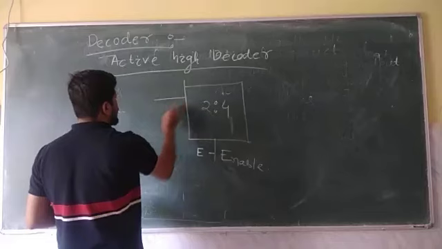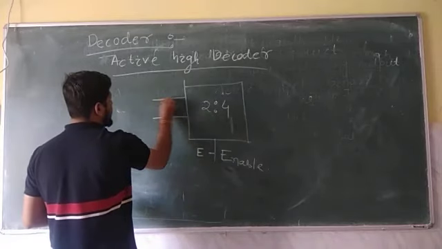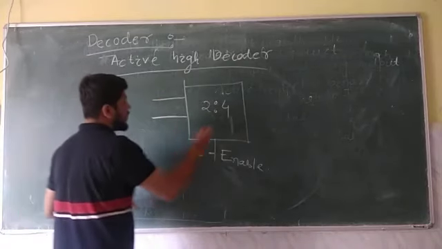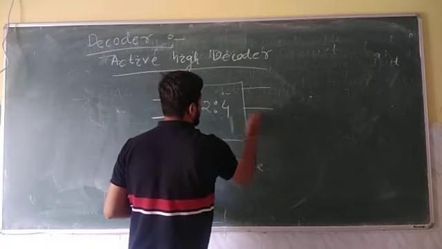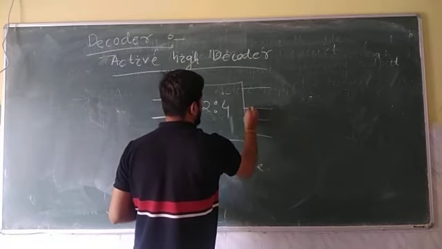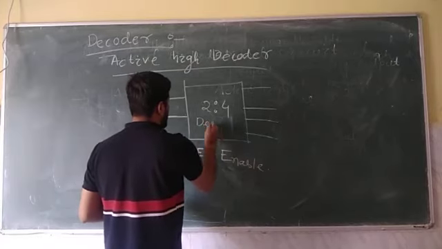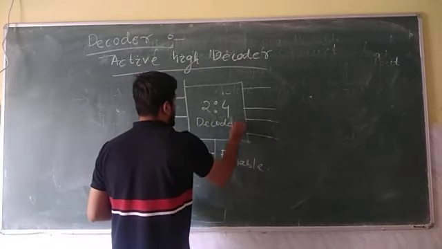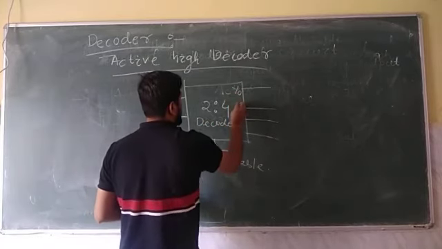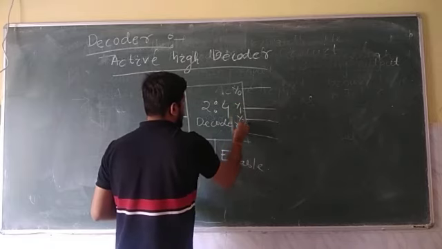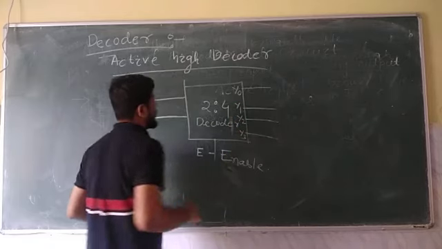So for this 2:4 decoder, we have 2 input lines and 4 output lines. Here we have Y0, Y1, Y2 and Y3.